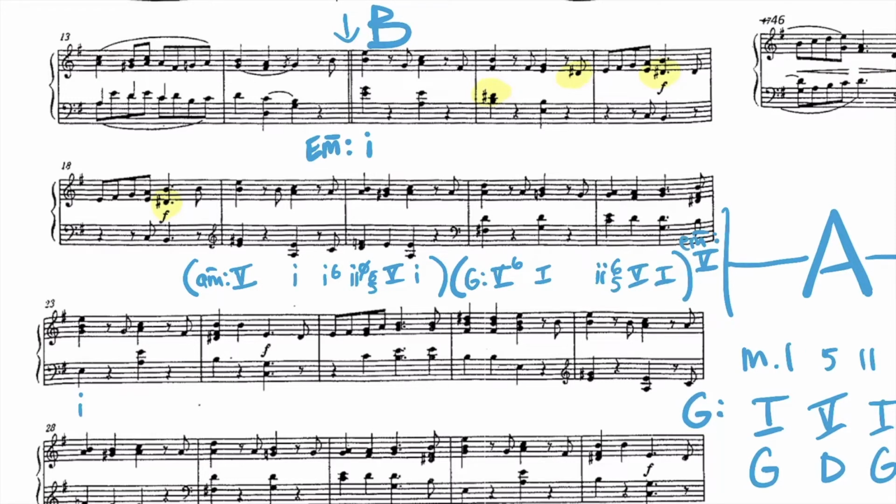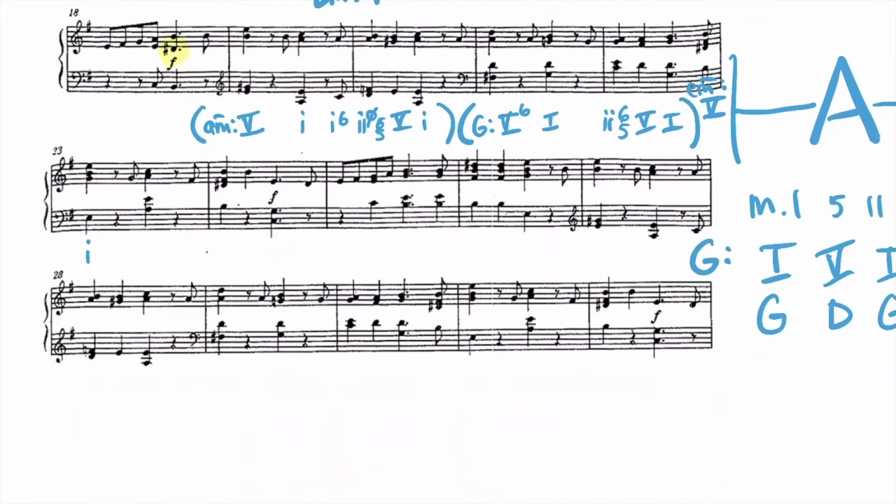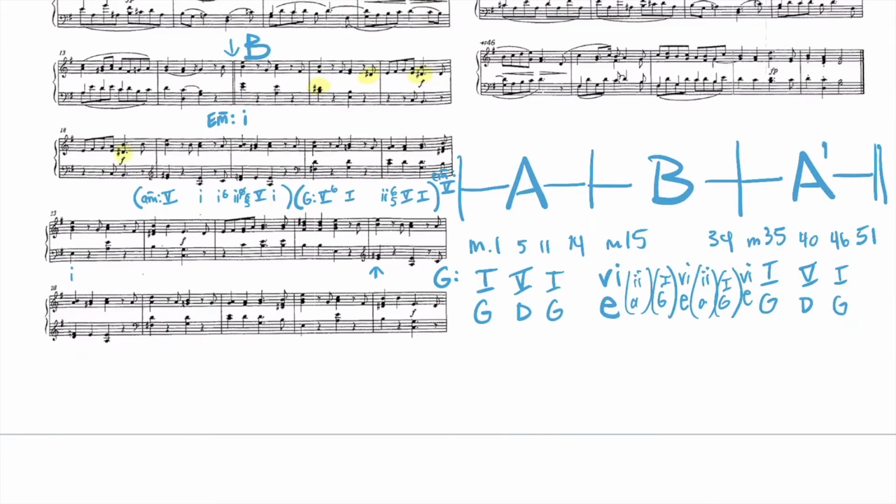This material is restated here. So if we wanted to be even more specific on our form diagram, we could add these tonicizations to the form diagram using key areas in parentheses. I didn't leave myself a lot of room there, but you get the picture.